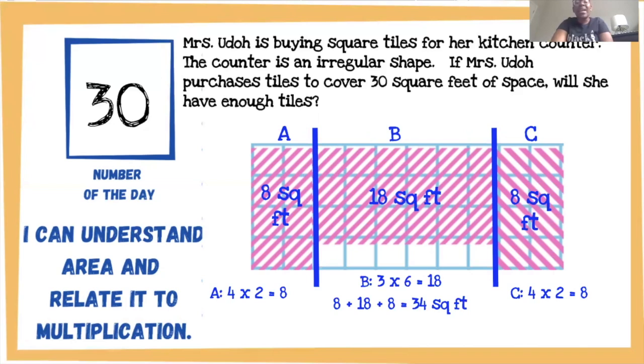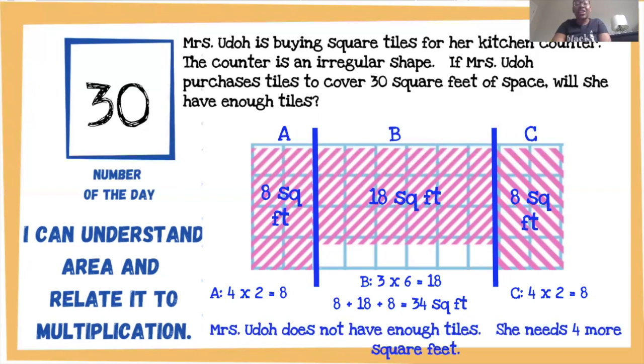That's right, we need to cover 34 square feet. If Mrs. Udoh only bought 30 square feet of tiles, does she have enough? You're right, she doesn't. Well, how many more square feet of tiles does she need? Exactly. She needs 4 more square feet because 34 minus 30 equals 4.